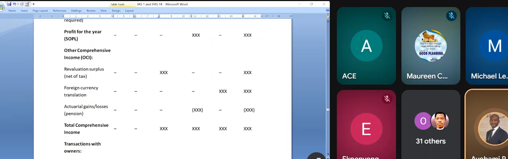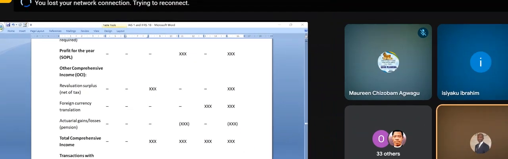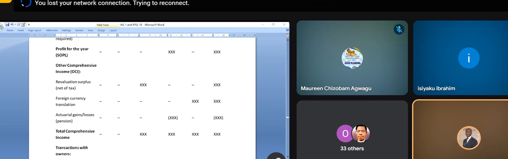How will you treat revaluation loss? If there is revaluation loss, how are you going to treat it?